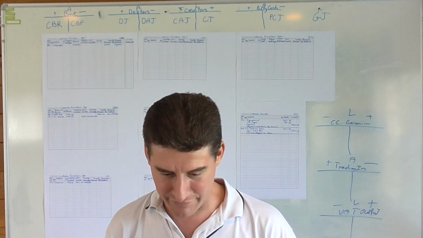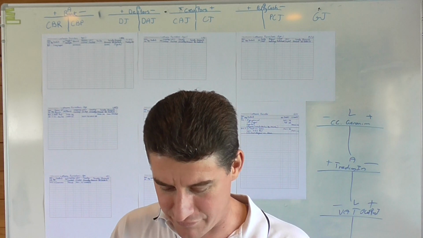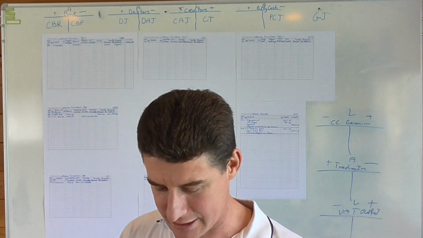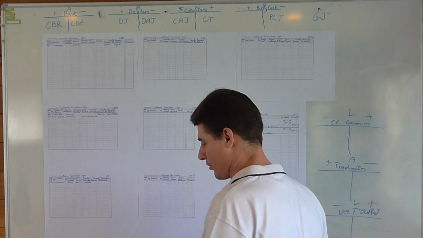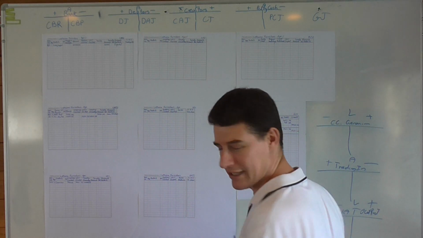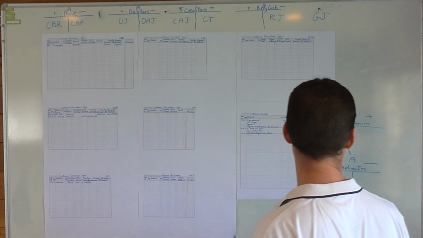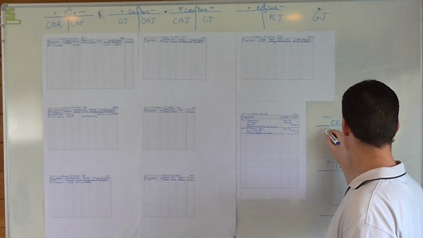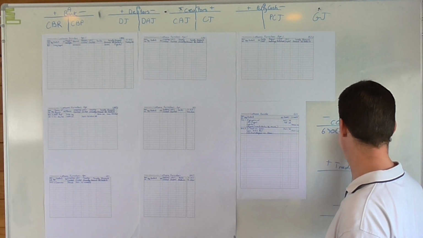So let's just quickly have a look again. We returned goods of inferior quality to Geronimo's and received their credit note. So in other words, our creditors are decreasing by 6,900 Rand.